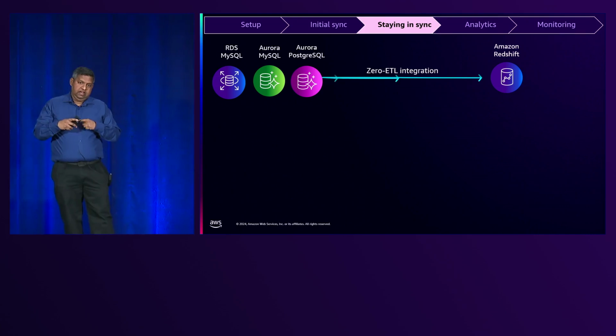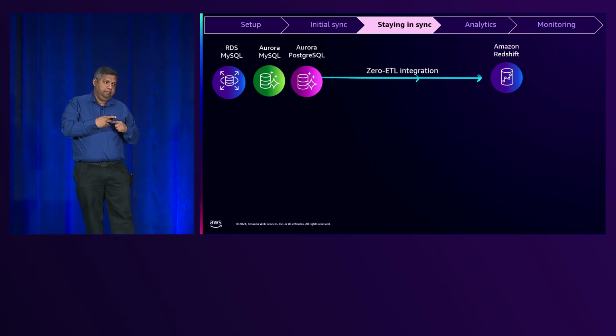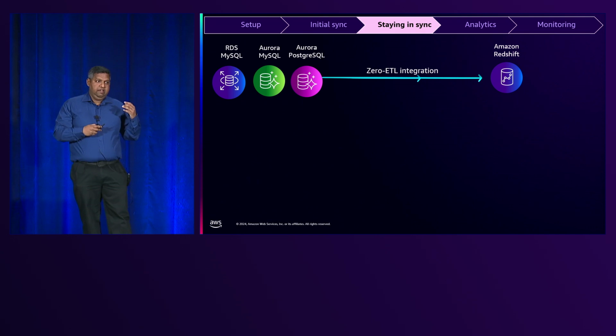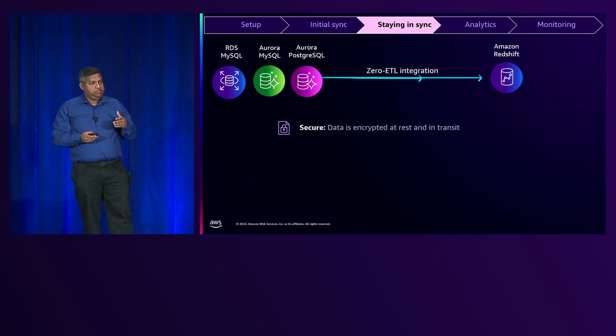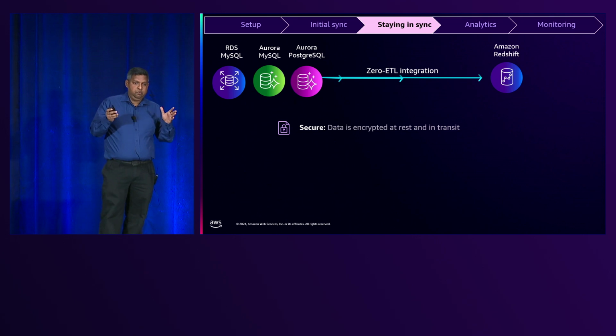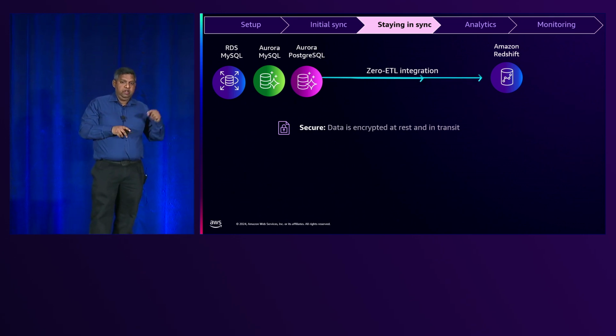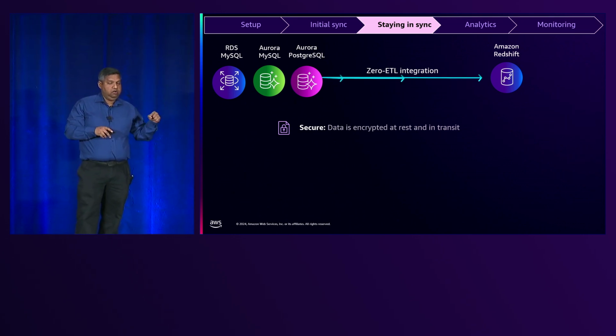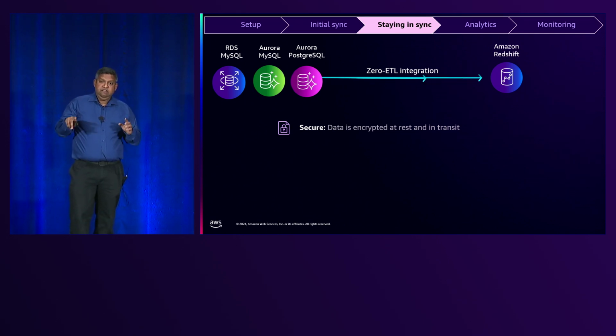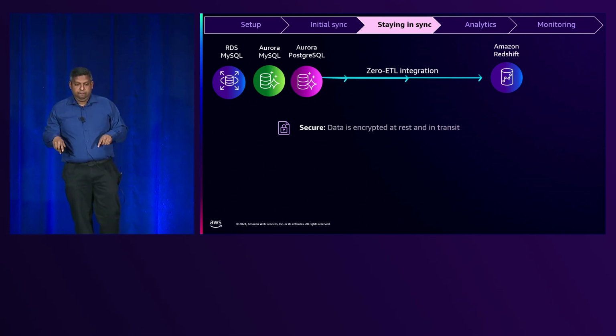But I want to talk about the design priorities that we had while designing zero-ETL. We focus on security as the utmost priority. In zero-ETL, all transmissions happen with security in transit as well as with data at rest, which is one of the reasons the Fix It For Me option at the beginning makes sure that encryption is enabled everywhere.